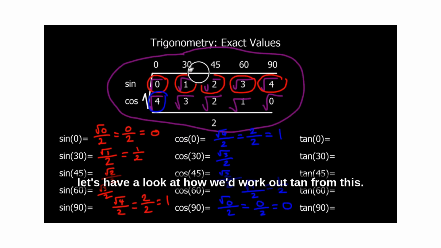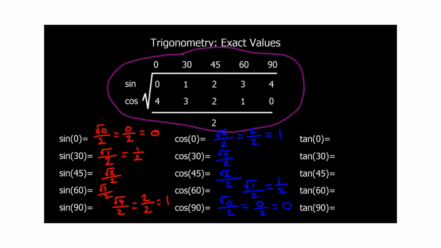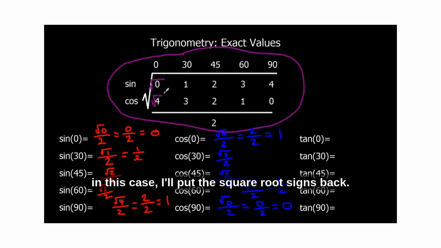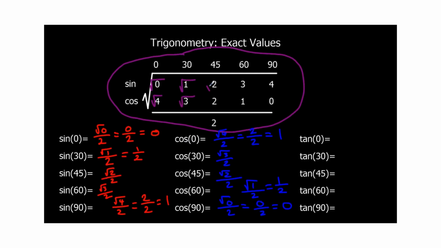Okay, let's have a look at how we'd work out tan from this. So tan 0. In this case, if I put the square root signs back, for tan 0, we do this one here, divide by the one underneath.